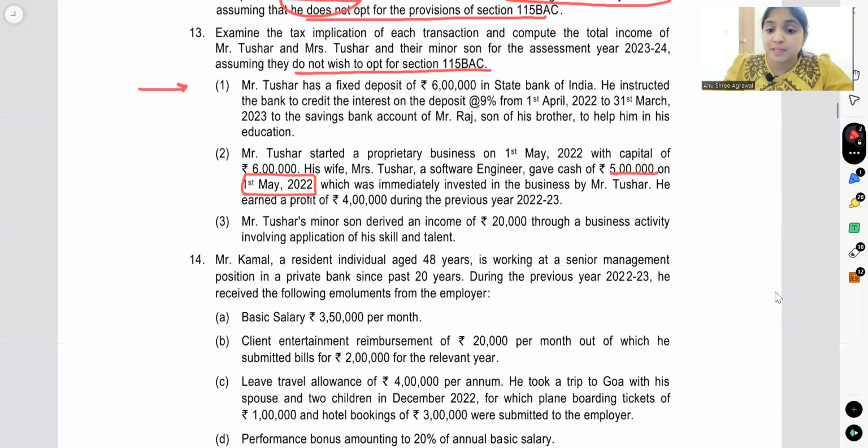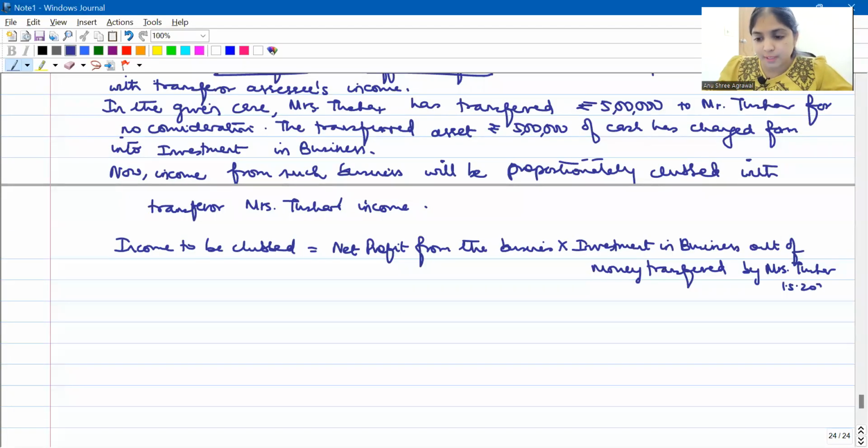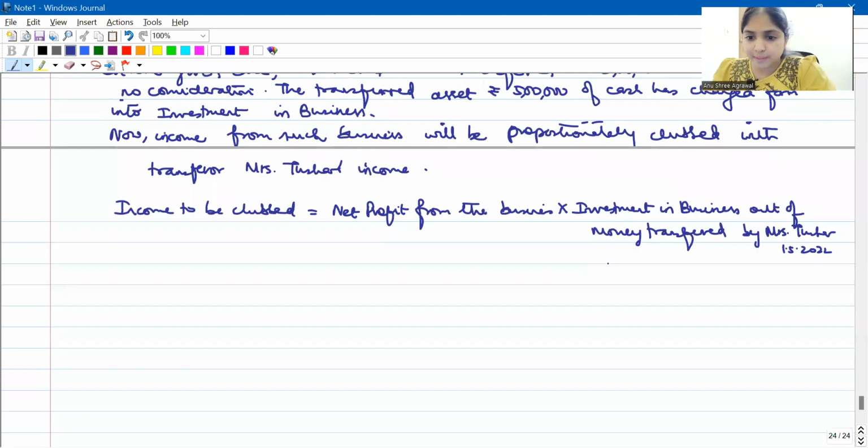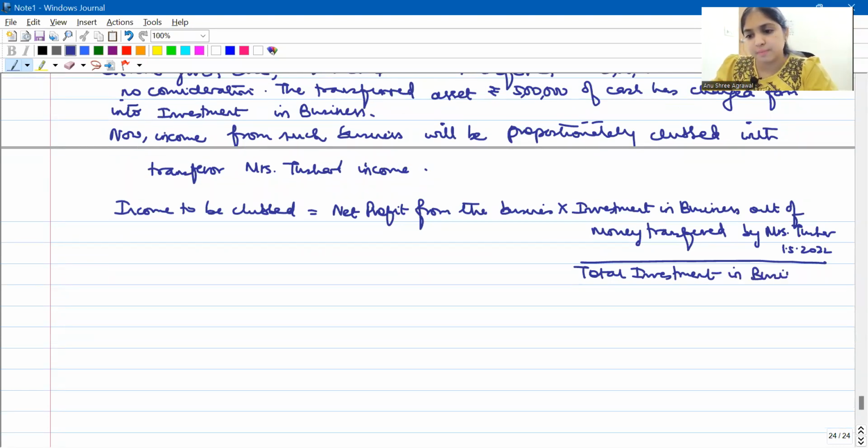See, the first day of the previous year would be 1st April 2022. But we started the business itself on 1st May 2022. So for us, the first day of the previous year will become 1st May 2022. So on 1st May 2022, divided by total investment in business on 1st May 2022.